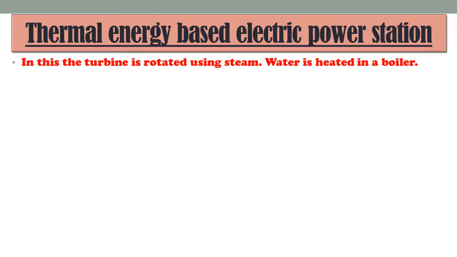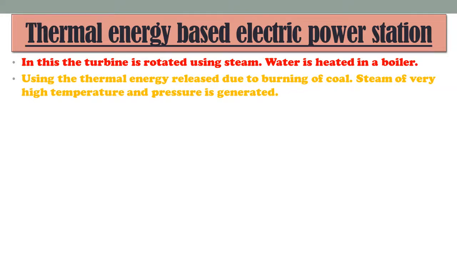Alright, so here the turbine is rotated using steam. Water is heated in a boiler, and using the thermal energy released due to burning of coal, steam of very high temperature and pressure is generated.